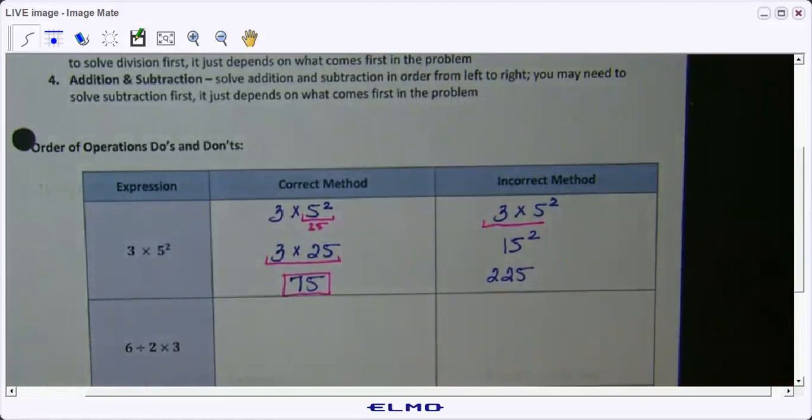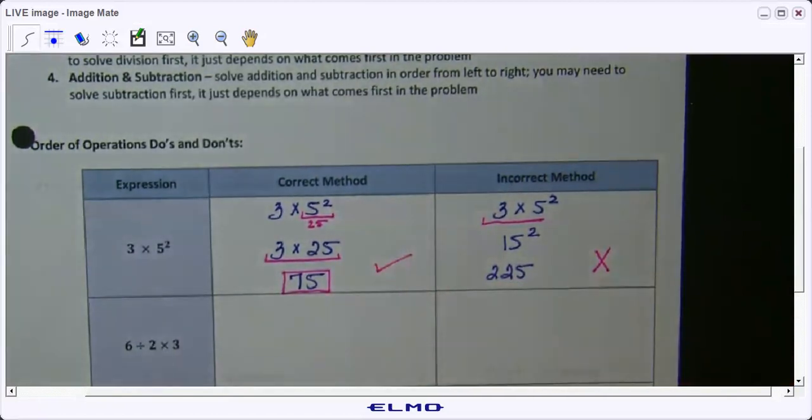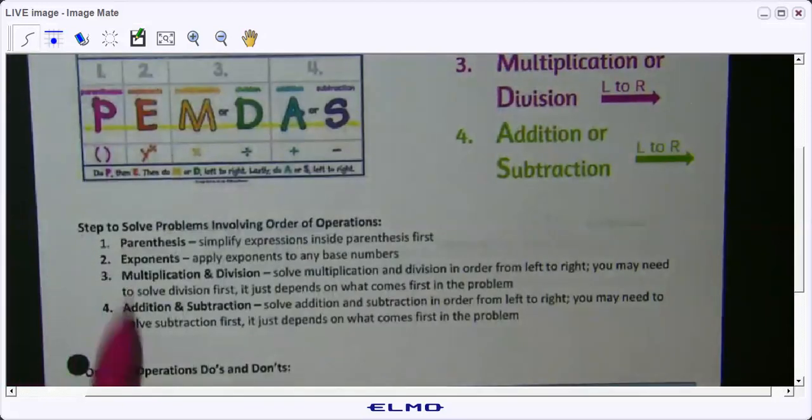You know, on Family Feud, they have those big X's. This is not the correct method. This is. So please make sure you're following those steps precisely. Now, as you're doing your homework, when you get into the longer problems, you may want to come over here. I've given you step-by-step instructions on what to look for, and that might help guide you along the way.